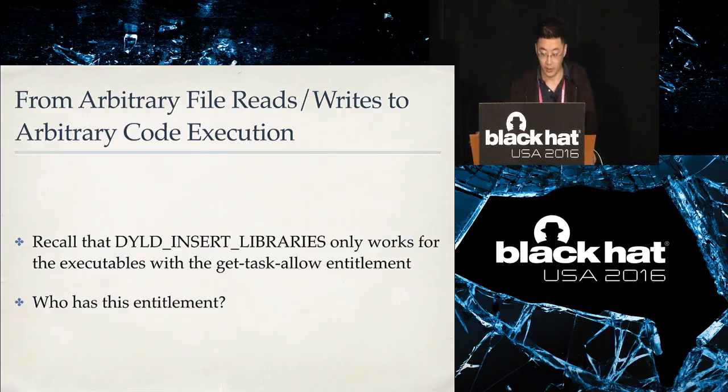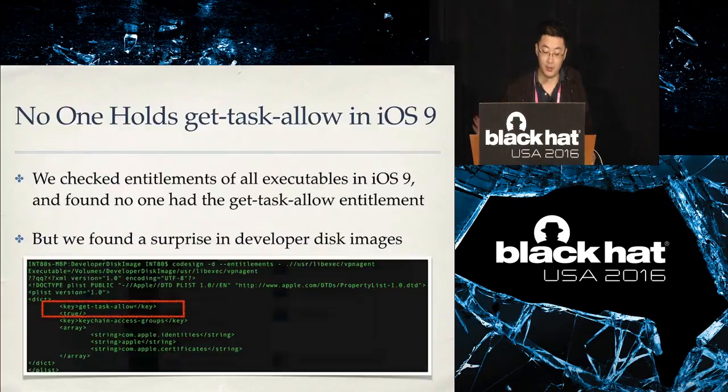Next, I will talk about how we transform that arbitrary file read and write vulnerability into arbitrary code execution. Recall that DYLD_INSERT_LIBRARIES only works for executables that have the get-task-allow entitlement. So who has this entitlement? We grepped the strings on the iOS file system.